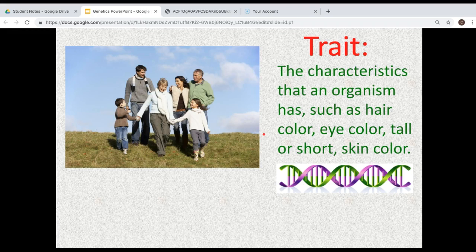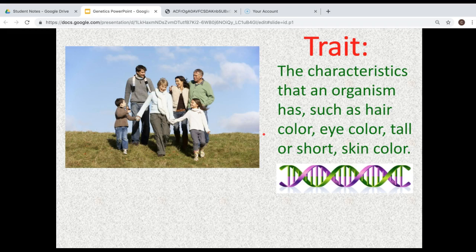Which takes us to trait. Let's go ahead and write this down. It is the characteristics that an organism has, such as hair color, eye color, tall or short, skin color, etc. So traits are obviously what we look like, how we act, and a trait is what we call a phenotype.